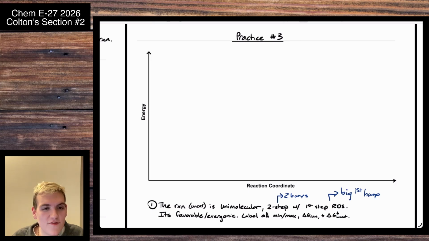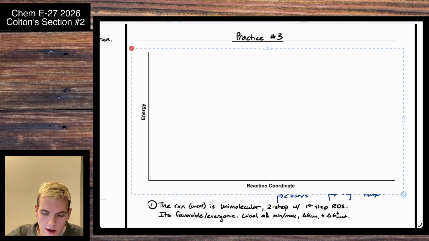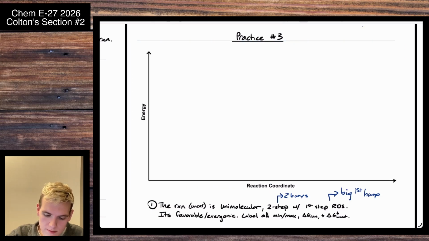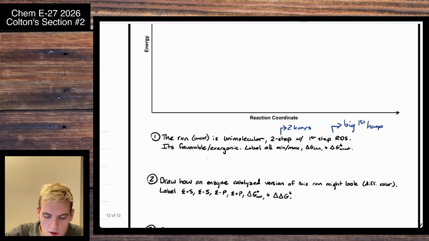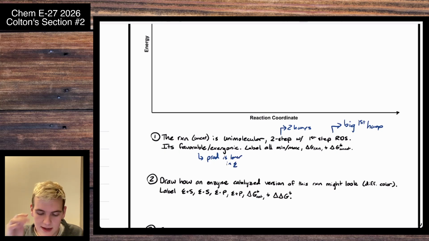Then they say it's favorable. In other words, it's exergonic. So we know that the product is lower in energy. And then they tell us to label everything.